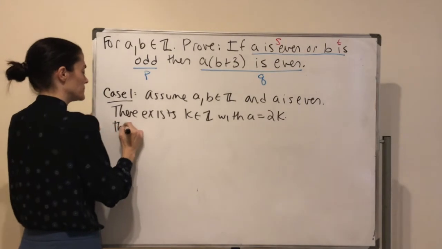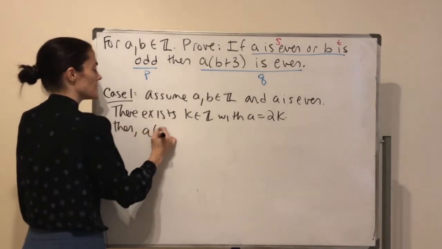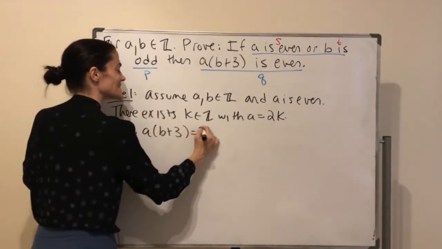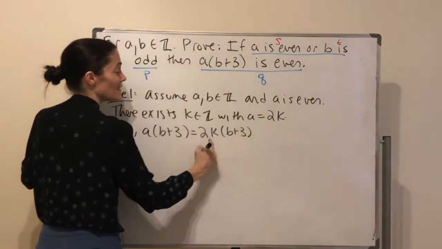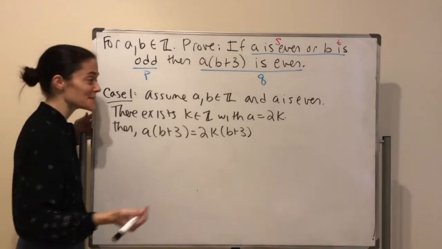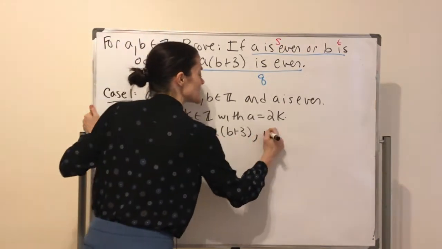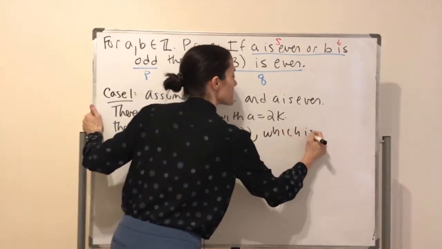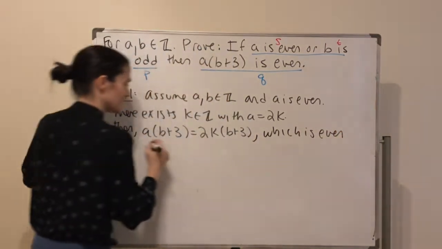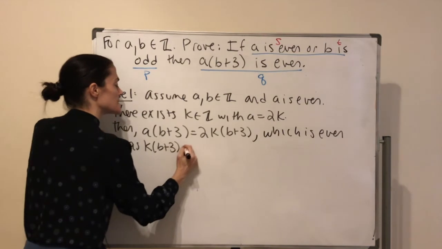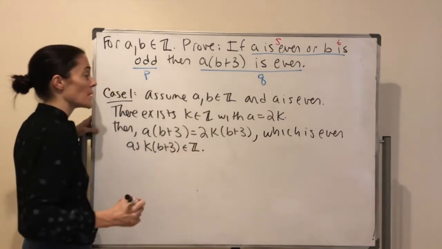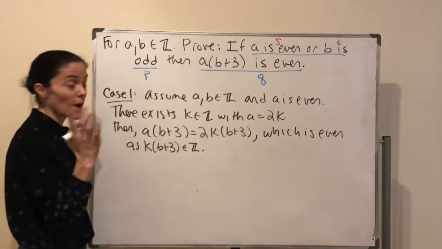Then a times b plus 3 is 2k times b plus 3. Well, we see it here. It's 2 times an integer, which is even, as k times b plus 3 is in Z. So we have covered case 1.